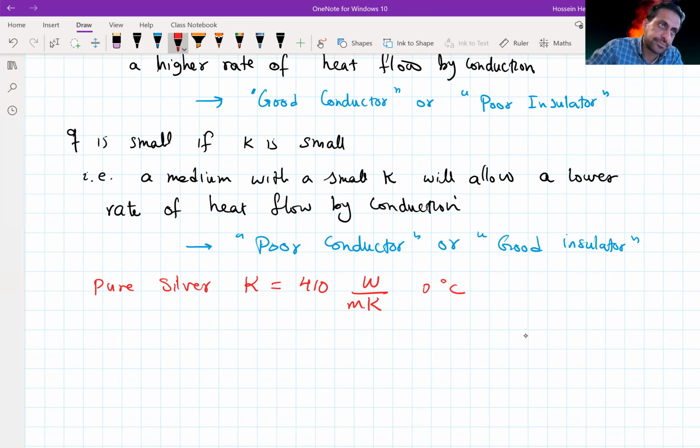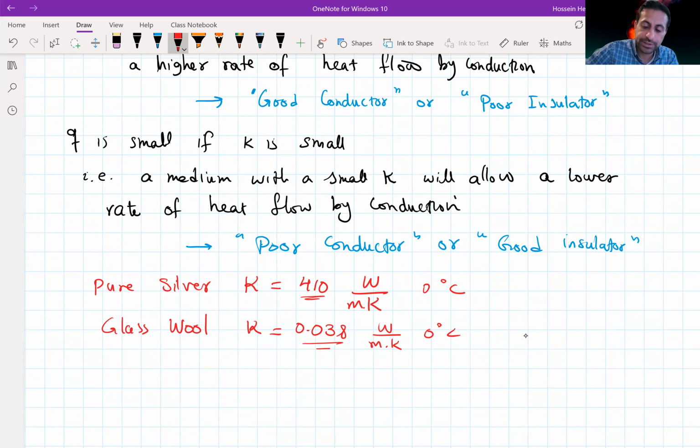And for glass wool, for example, at the same temperature, K, I believe, is four orders of magnitude smaller, in watt per meter Kelvin at 0 degrees C.